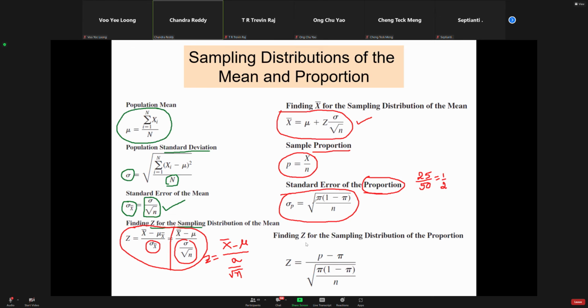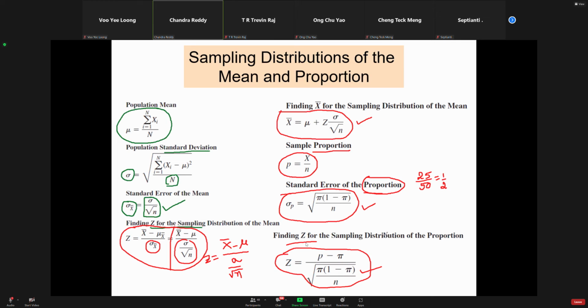When we are defining proportion, the standard error for the proportion will be the square root of pi times 1 minus pi over n. Similarly, when you're calculating the Z statistic, the formula will be p minus pi over the standard error.